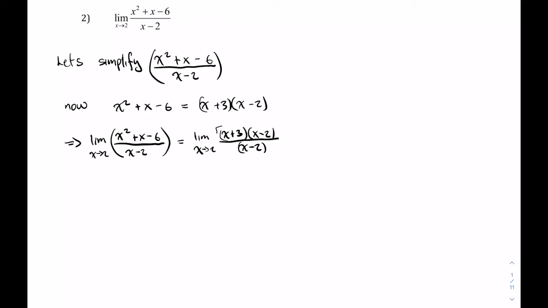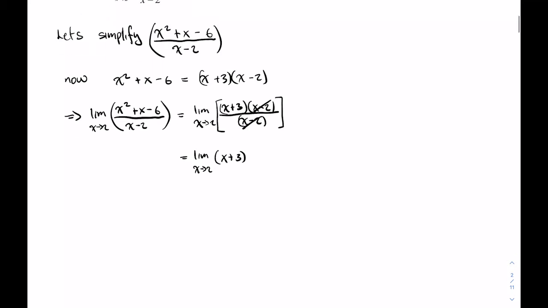And it's important for us to realize that we always want something to cancel from both our numerator and denominator. So here we have that, and so this simplifies to the limit as x approaches 2 of x plus 3. So therefore, I can now plug in x equals 2. So this then becomes 2 plus 3, which is equal to 5.